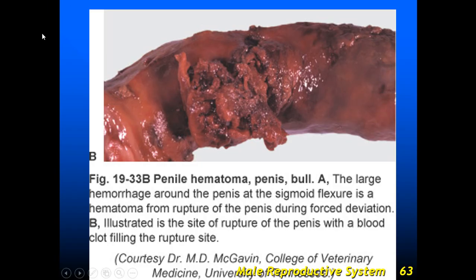In the bull, usually this is caused by forced deviation. It is caused by extreme strength during penis intromission into the vulva. Sometimes it happens in bulls, usually related with a bull which is large.